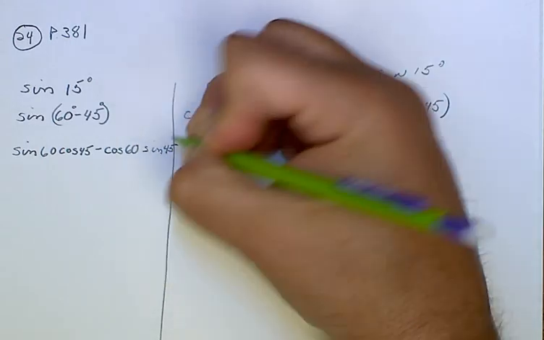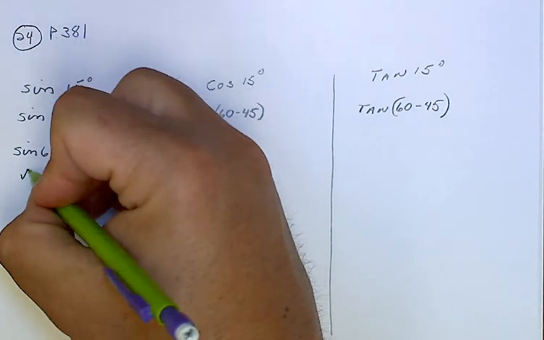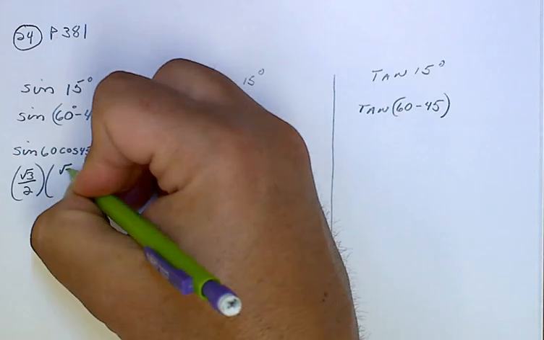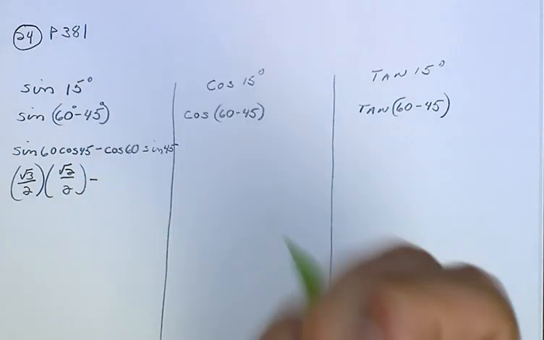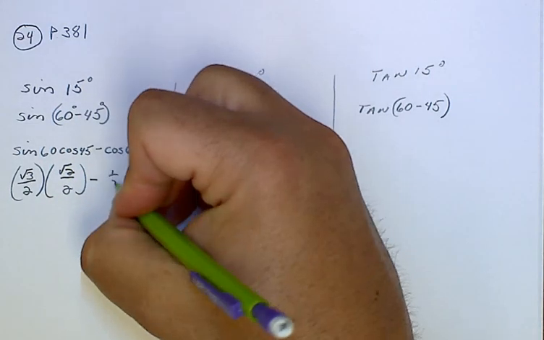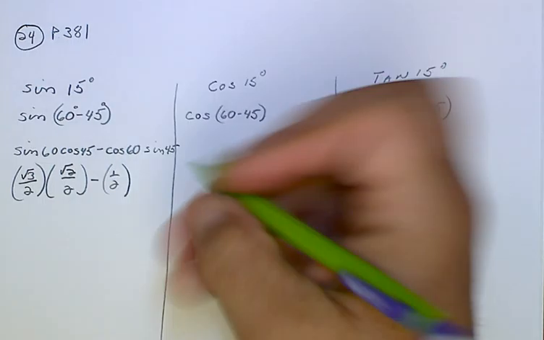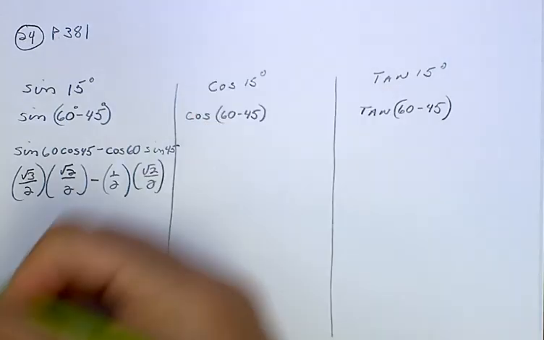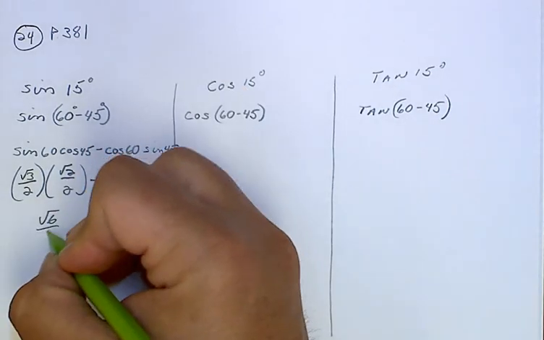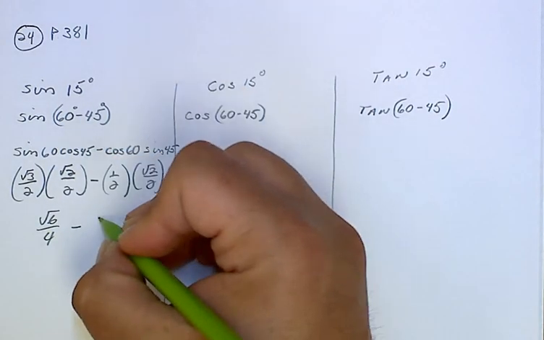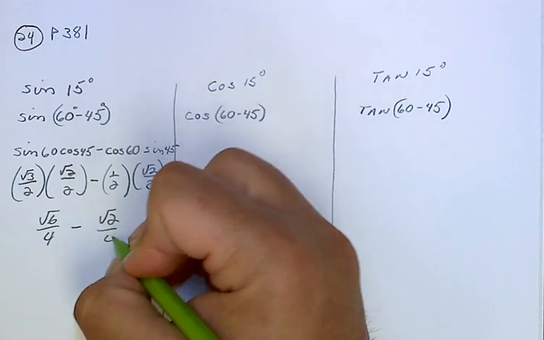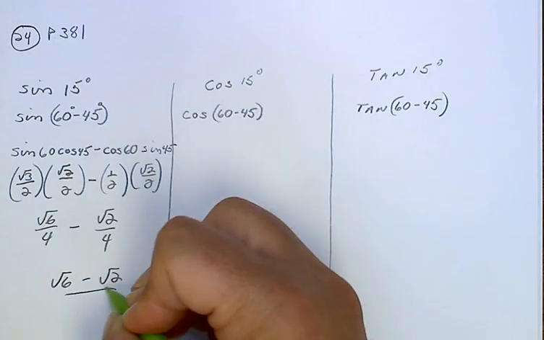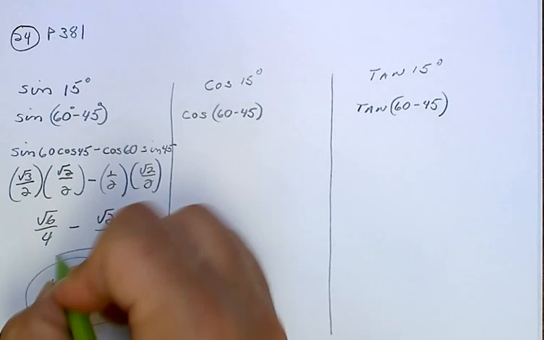So as we work this out, this is the square root of 3 over 2 times the square root of 2 over 2 minus 1/2 times the square root of 2 over 2. So this ends up square root of 6 over 4 minus the square root of 2 over 4. So it's the square root of 6 minus the square root of 2 all over 4. This is the exact answer.